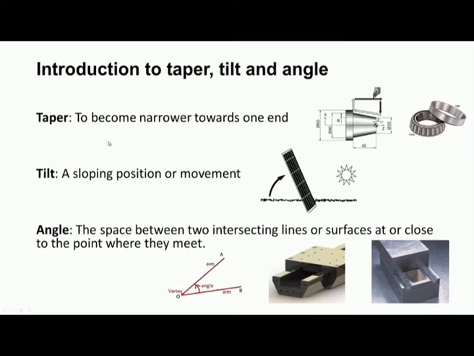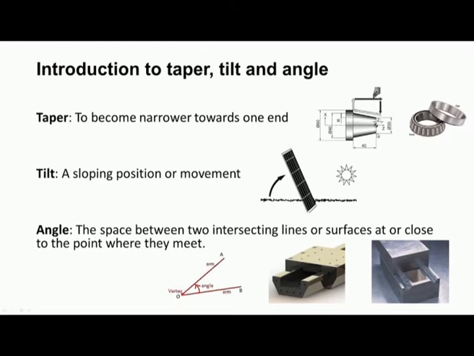In our daily life, we come across these terminologies. Taper means to become narrower towards one end. You can see here there is a component. The length of this particular portion of the component is 40 millimeter, and from here to here the diameter is 40 millimeter, and towards the other end the diameter is reducing.